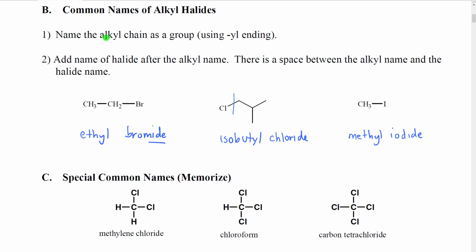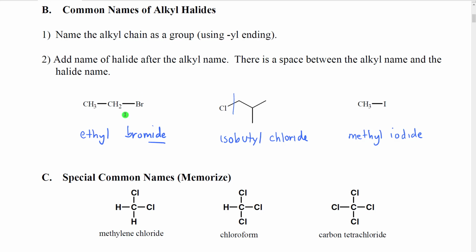We name the carbon chain as an alkyl group, so we count the number of carbons and then we add the YL ending. Then we add the name of the halide after the alkyl name, separated by a space. And we use the halide name, in other words, the name of the halogen as if it were a negative ion.